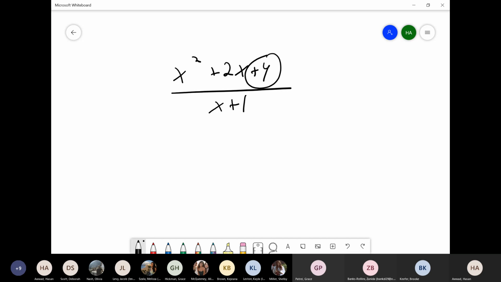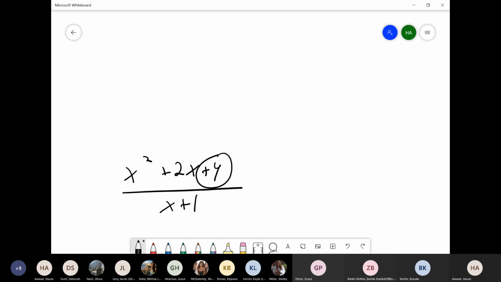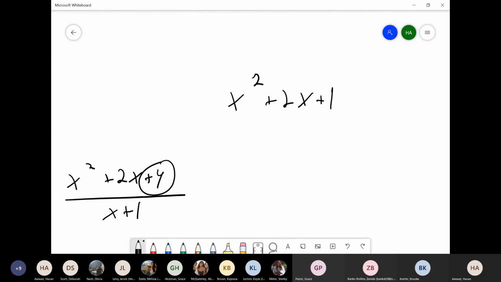Okay? Where is this coming from? Well, if you look ahead, again, the entire idea is we're trying to get an x plus 1 on top. Remember, x squared plus 2x plus 1, if we had just a plus 1 here, how does this factor? You ask yourself, two numbers that add together to give me a 2, that multiply to give you a positive 1.